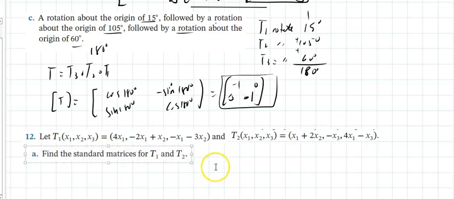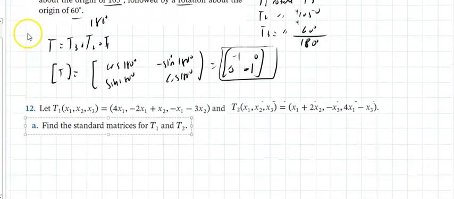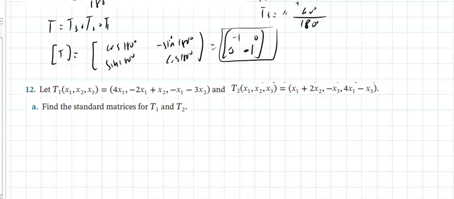All right. Now, consider the following transformation. This was 8. Yeah, we're skipping that. Again, we really want to get used to those. So if I take T sub 1, it's 3 dimensions. That is simply 4x1, negative 2x1 plus x2, and negative x1 minus 3x3.